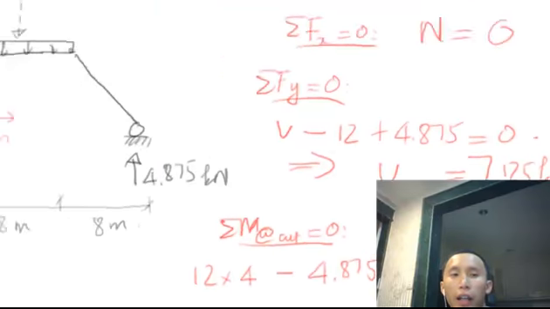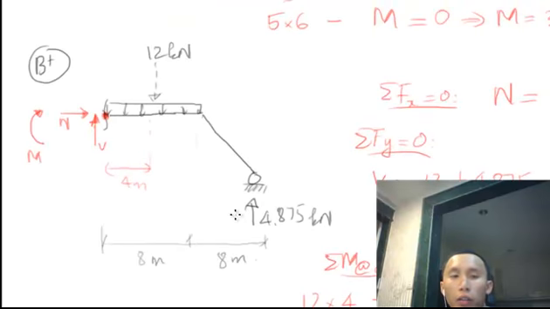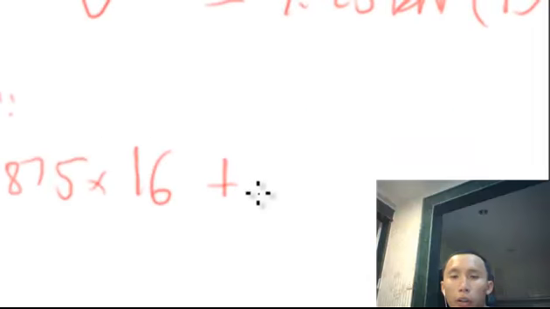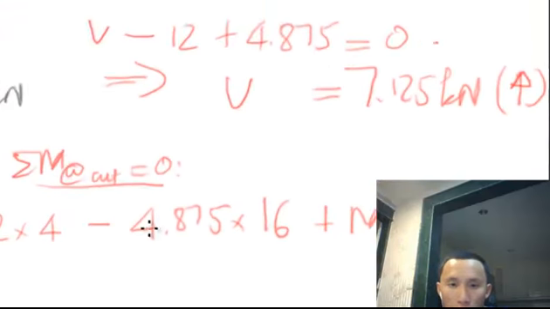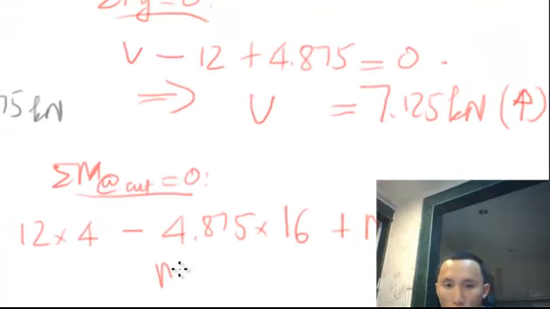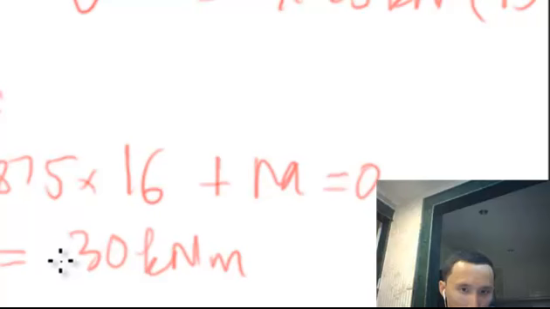And this moment is clockwise, so positive M equals 0. Now you calculate this and rearrange. You get M equal to 30 kilonewton meter, and this is positive, same as our assumption, which is clockwise.